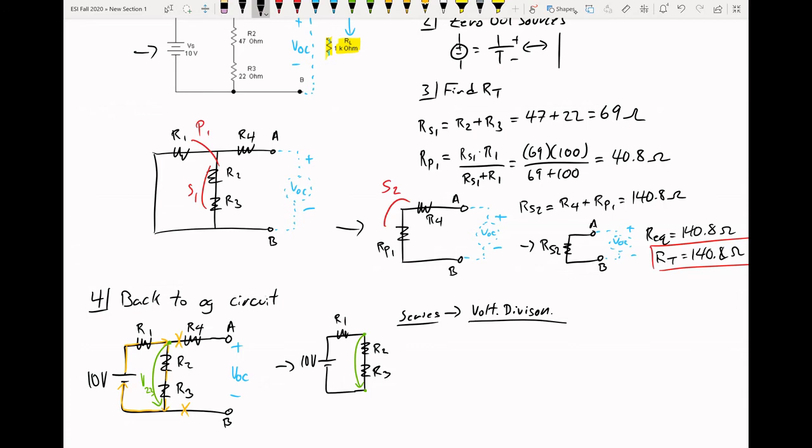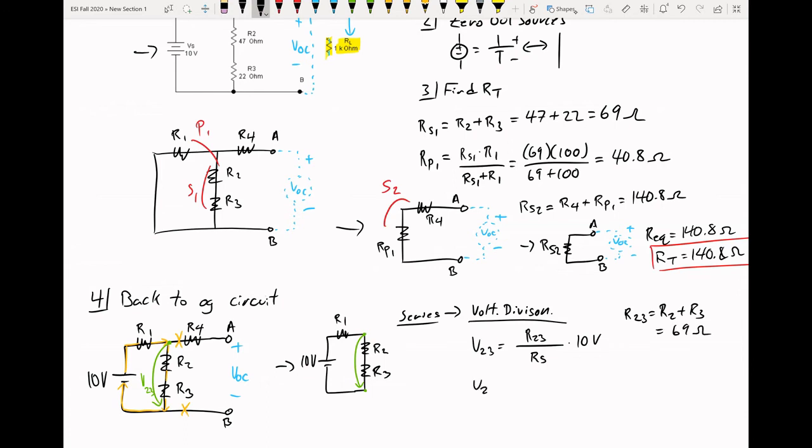And if we want to find V23, that would just be resistance R23 over R series times 10 volts, where R23 is just equal to R2 plus R3, which will give us 69 ohms.